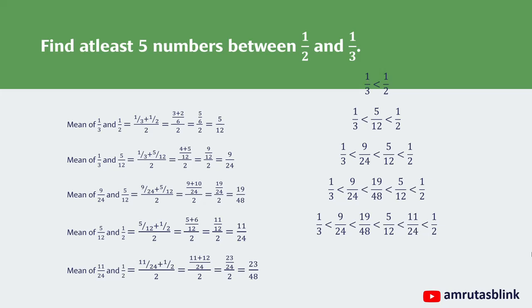So we have 11 plus 12 upon 24 whole divided by 2, that is 23 by 24 whole divided by 2, which is equal to 23 upon 48. Hence we have 1 by 3 is less than 9 by 24 is less than 19 by 48 is less than 5 by 12 is less than 11 by 24 is less than 23 by 48 is less than 1 by 2.